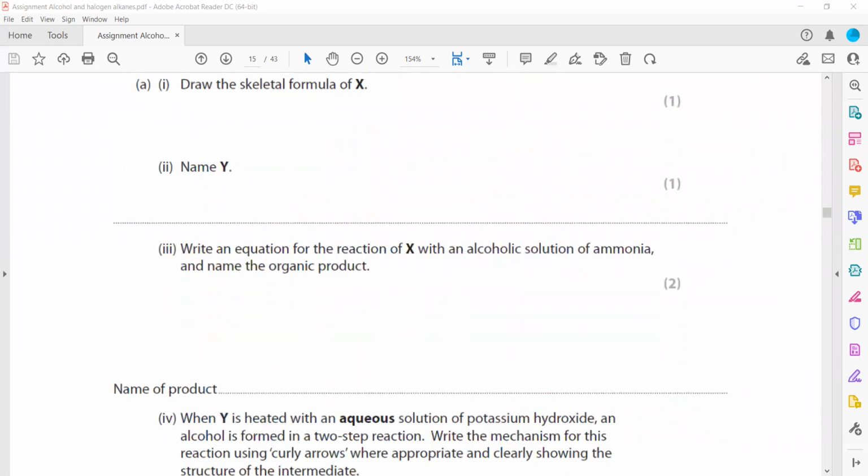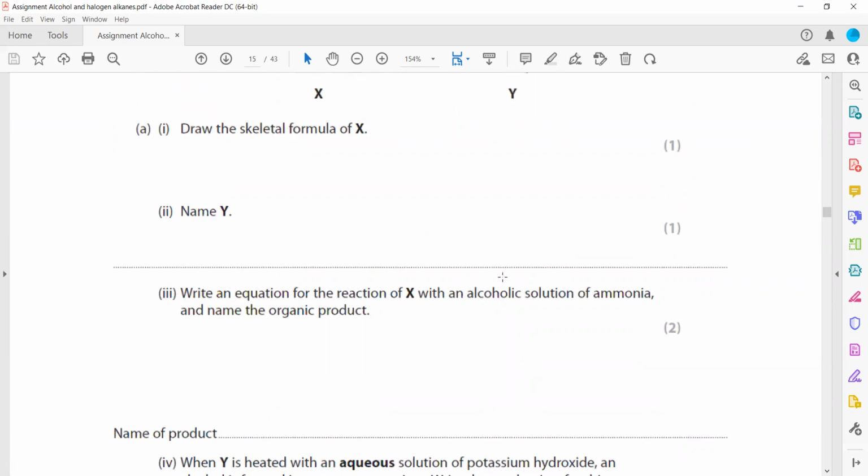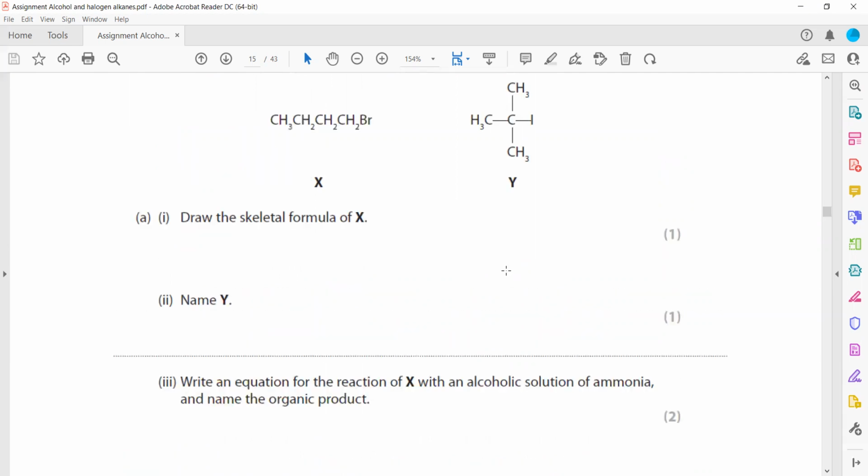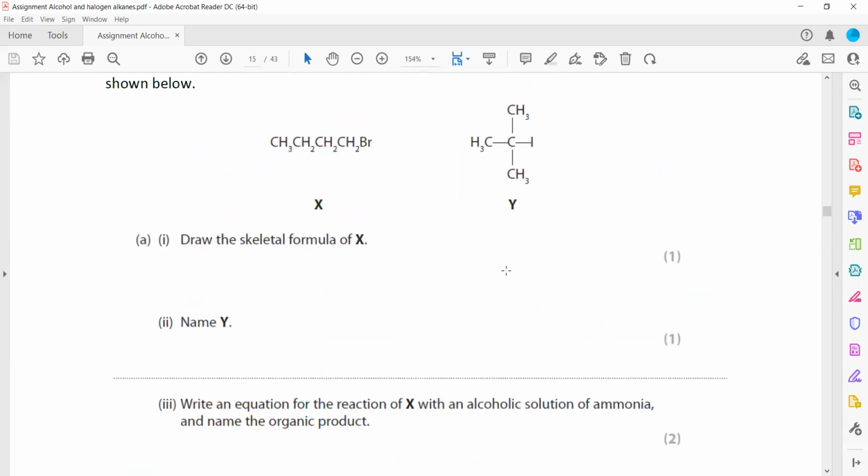The doubt was question 14A3. Then write an equation for a reaction of X with alcoholic solution of ammonia and name the product. So whenever they are reacting in alcoholic ammonia, a nucleophilic substitution reaction will occur, and it results in the formation of an amine.